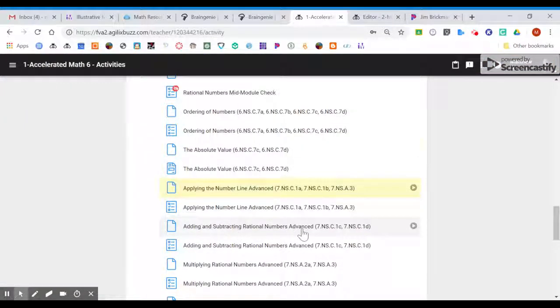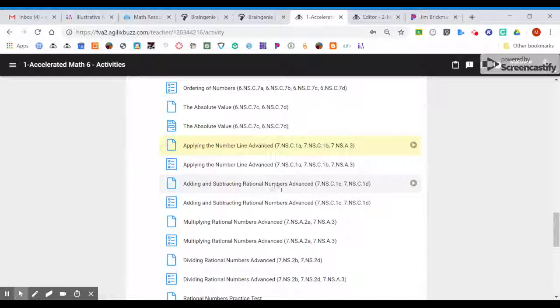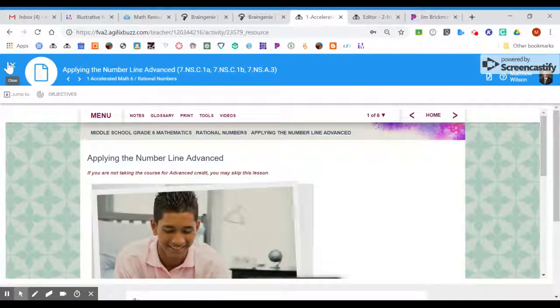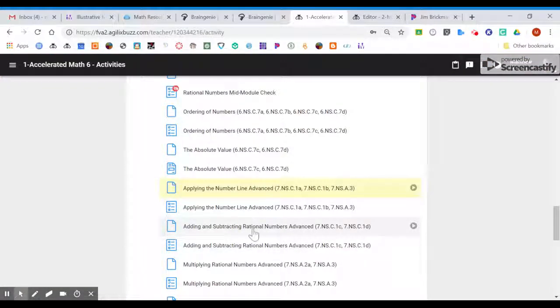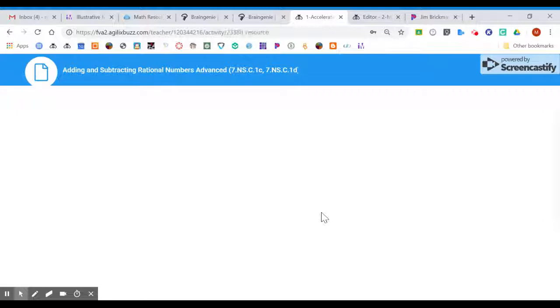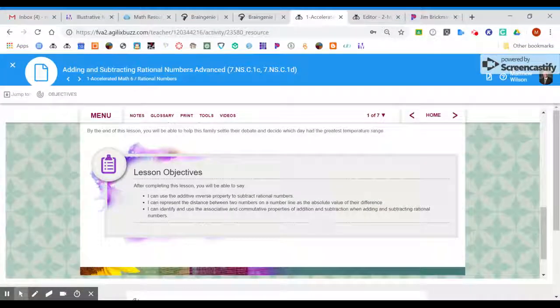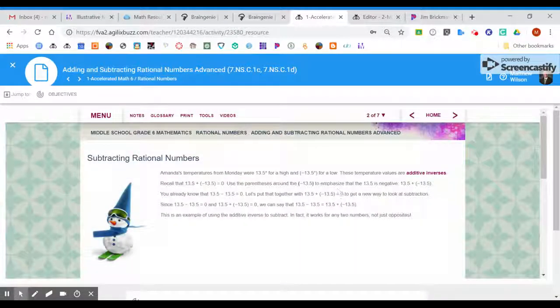And then you have another lesson that deals with adding and subtracting rational numbers and multiplying and dividing rational numbers and integers. So when you're looking at adding and subtracting rational numbers advanced, you are going to have some different rules.